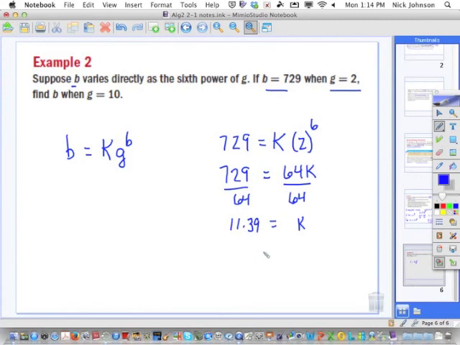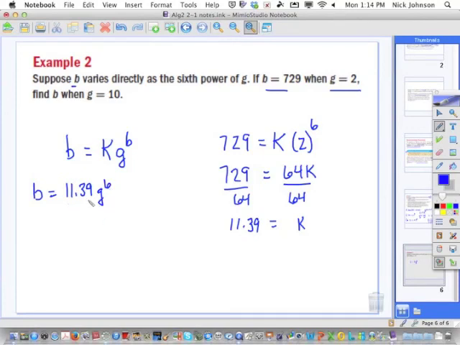Okay. I always go out to 2 decimal points. It's just kind of whatever you prefer. Okay. Now that I got my constant of variation, I'm just going to put that back in here. B equals 11.39 G to the 6th power.